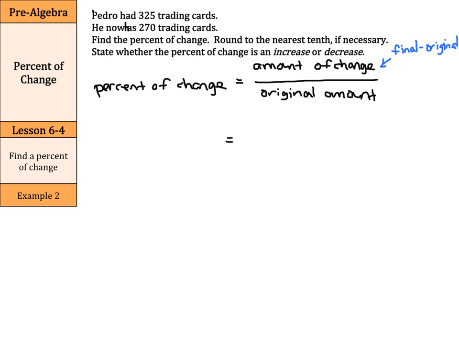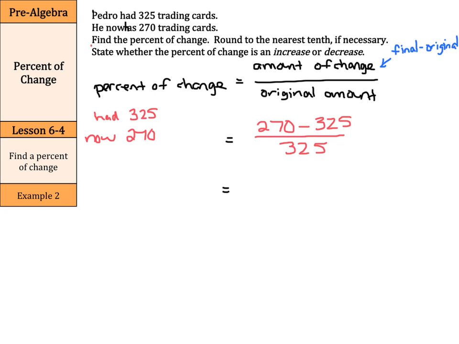So final minus original. Well, he had 325 cards. He now has 270 cards. So if we're looking at final minus original, he now has 270. So that's our final, 270, minus our original of 325. And that's all going to be divided by 325.